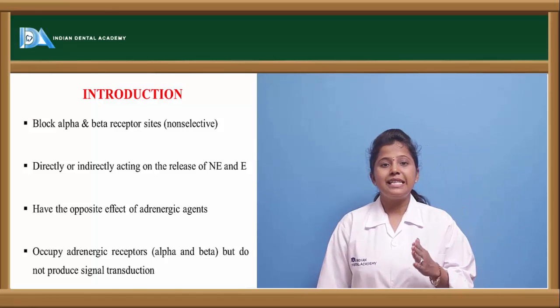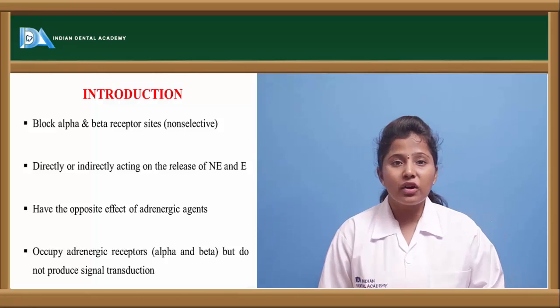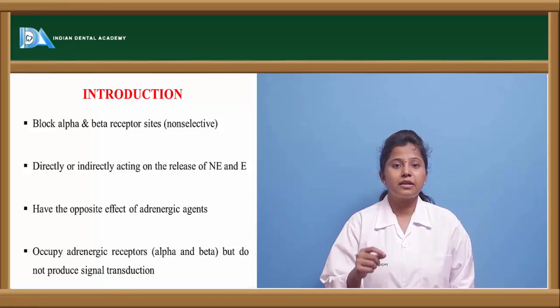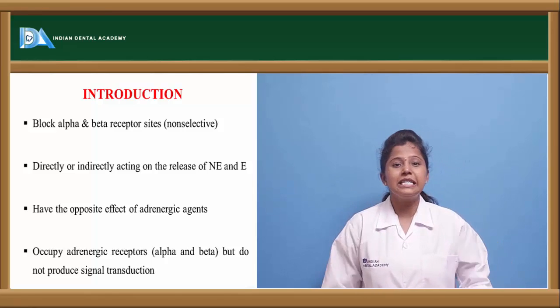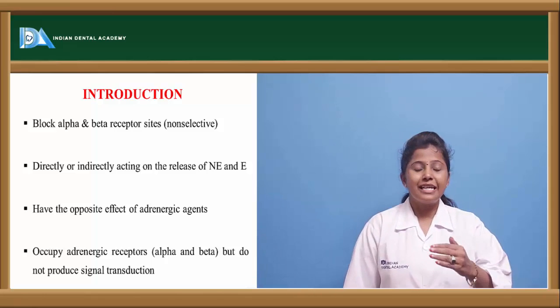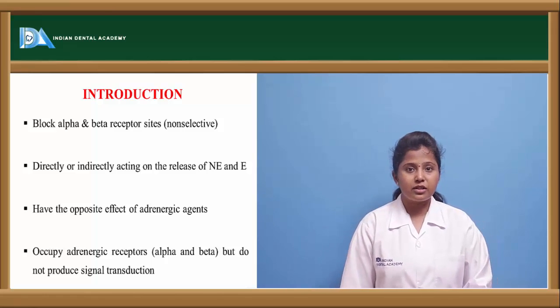Here we have the blockade of adrenergic receptors by an antagonist instead of noradrenaline and adrenaline. Noradrenaline and adrenaline are the neurotransmitters which are released in the adrenergic nervous system.